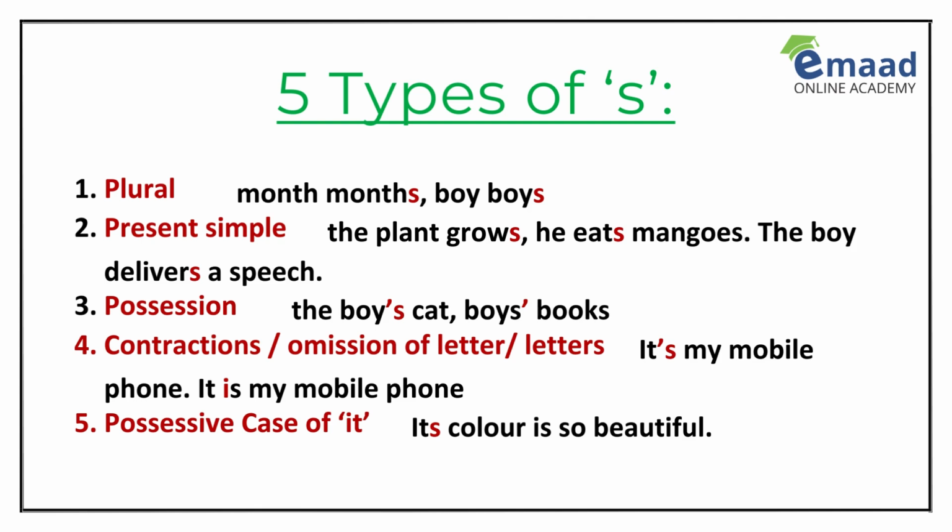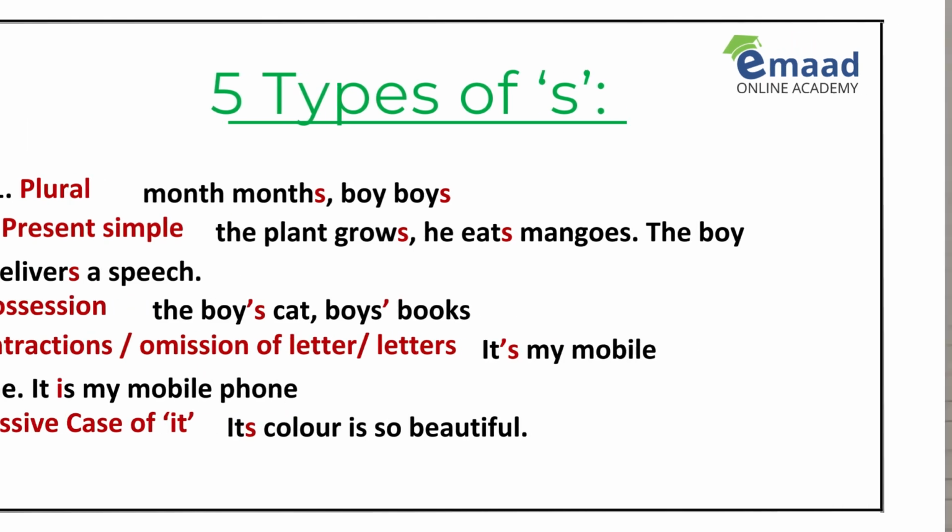So apostrophe S we use to make the possessive case of a noun; this is not the rule for pronouns. So the possessive case of it is its, with S but without an apostrophe.